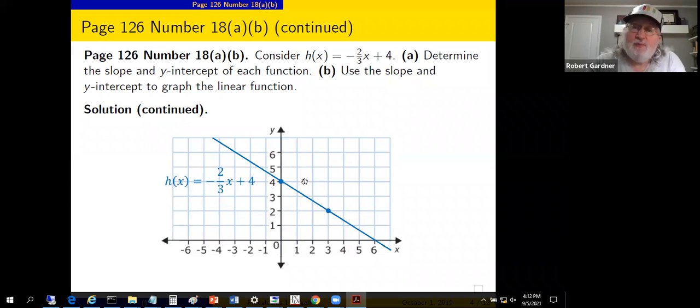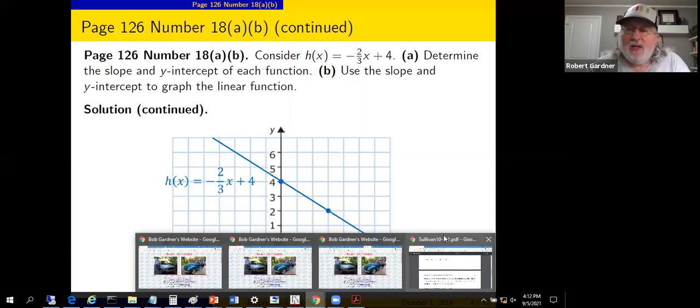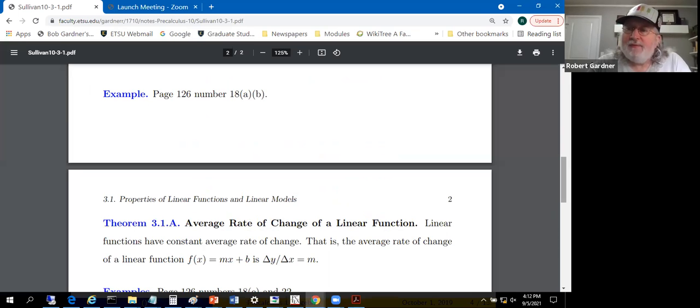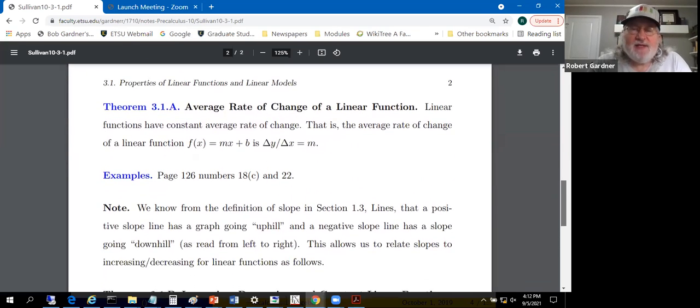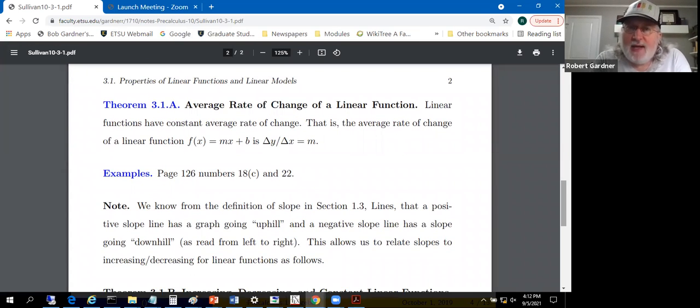And that'll take us from this point to that point. If I start here and rise negative 2 and run 3, that gives me another point over here. In fact, I'm pretty confident this other point, (6, 0), I bet you that's the x-intercept, as we could easily verify by substituting the coordinates of that point in. But they wanted a graph, we gave them a graph. We'll come back to that same example again.